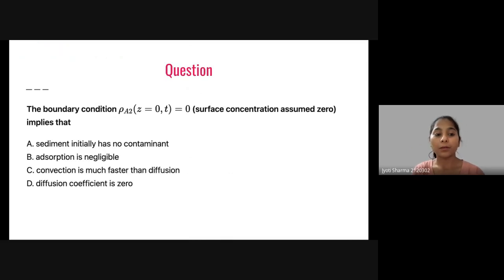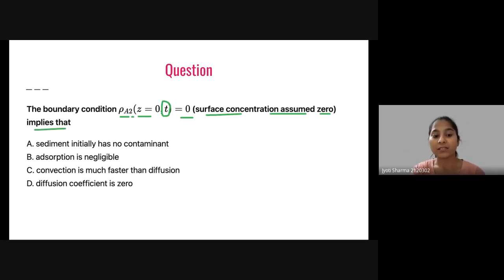Okay. Now the question is the boundary condition rho A2. So this is the concentration of A in the pore size where Z is equal to 0 at some time t is equal to 0. So what we are saying is that your surface concentration assumed to be 0 implies what?